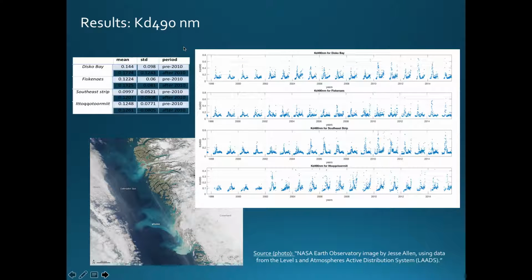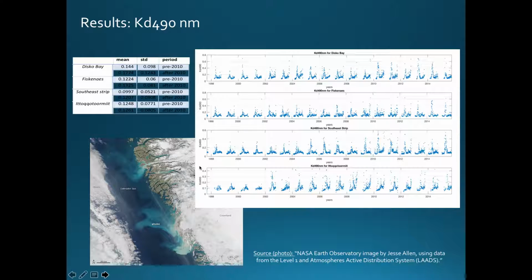And of course, we have looked at this KD coefficient, and this is a very important byproduct of ocean color. It measures the absorption coefficient in the water. It's normally related with sediment plumes that you see here.